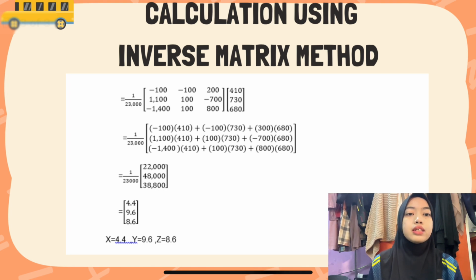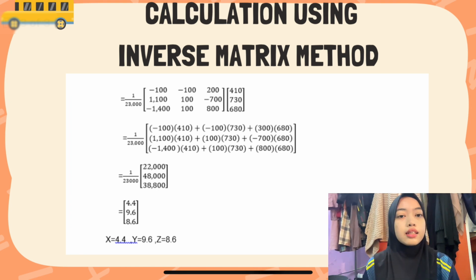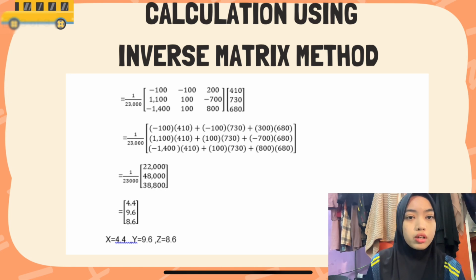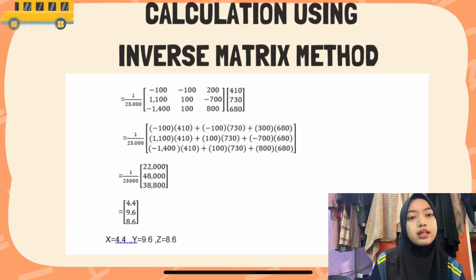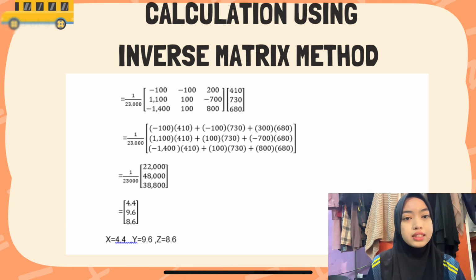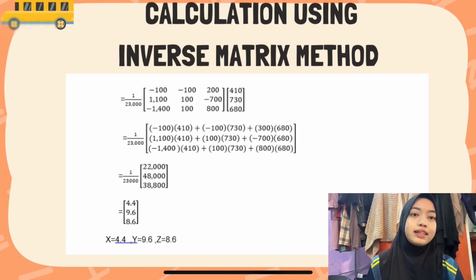Finally, we divide the result by 23,000 since the determinant used was adjusted during calculation. And then we get the final result, x is 4.4, y is 9.6, and z is 8.6. So this means we have successfully solved the system using the inverse matrix method.